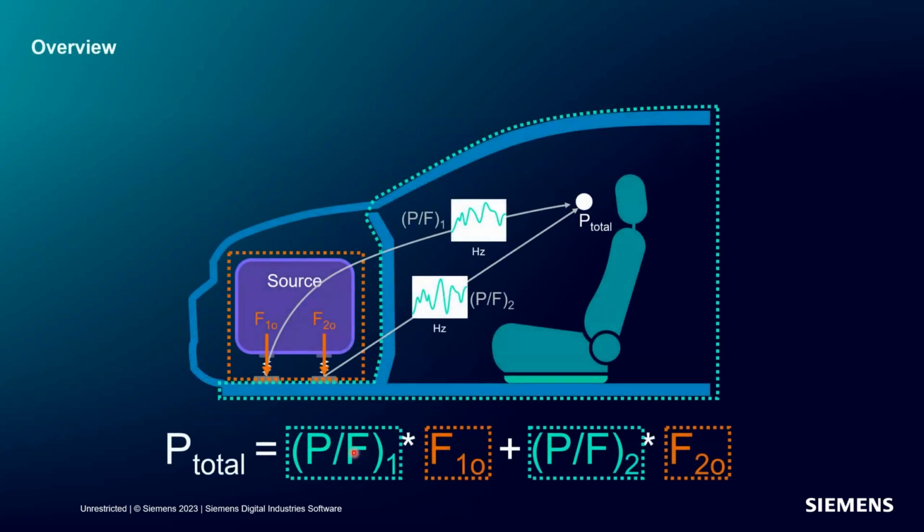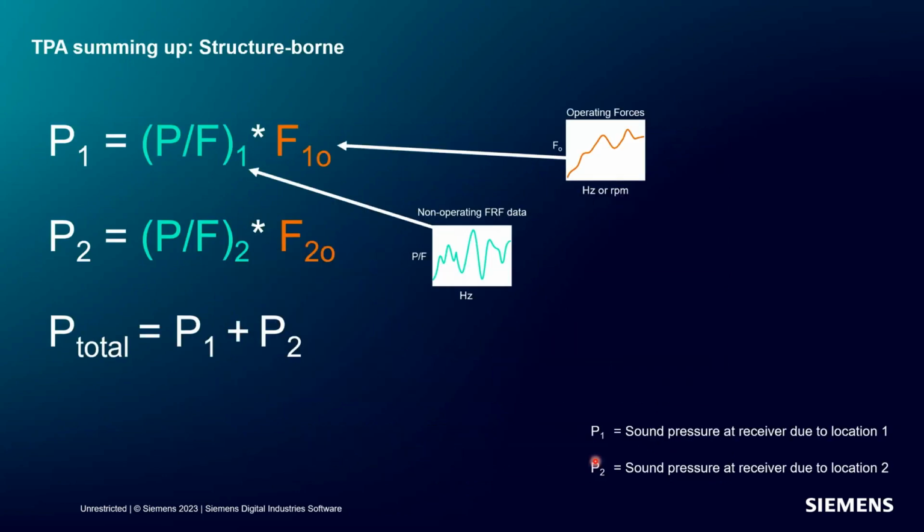So P over Fs characterize the structure. Those could be A over Fs if you're doing vibration, and then F1, F2 with the sub-Os characterize the source. So we're taking these quantities, summing them up to get the total.